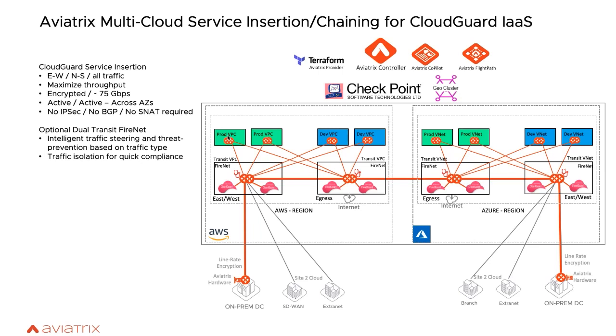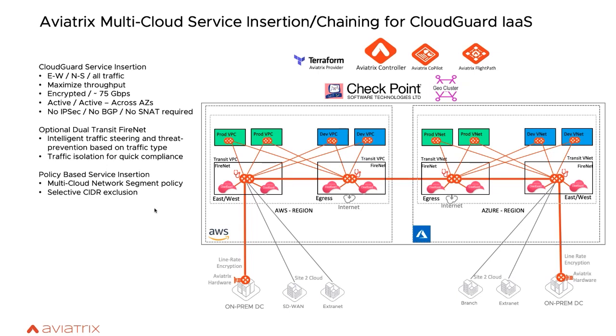If it is the traffic that needs to go towards internet, we can automatically steer the traffic towards internet and then insert the CloudGuard into the flow. If it is east-west traffic, then we'll automatically make sure that yes, it is going through this east-west security VPC, and then it gets the proper treatment that it needs. So you can quickly achieve the compliance and your security needs with this dual transit FireNet.